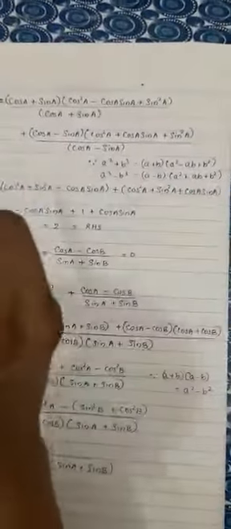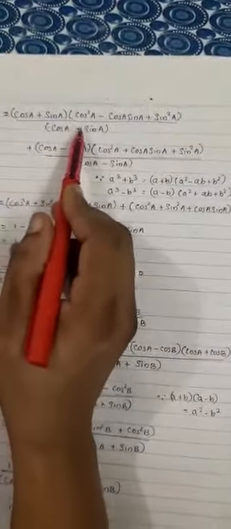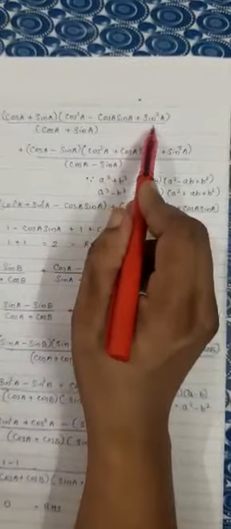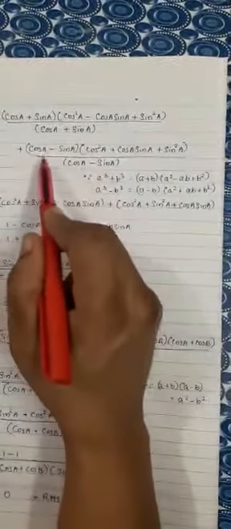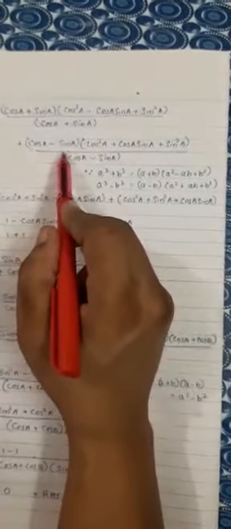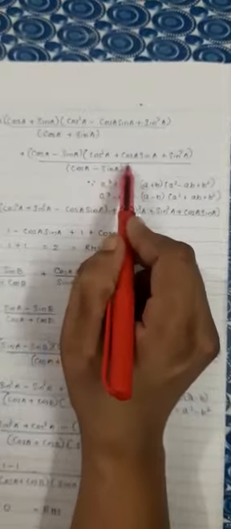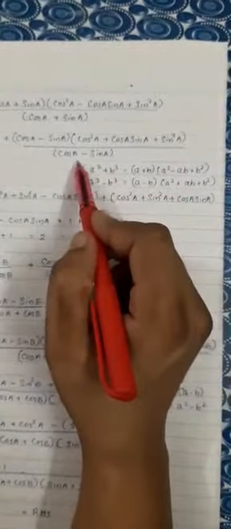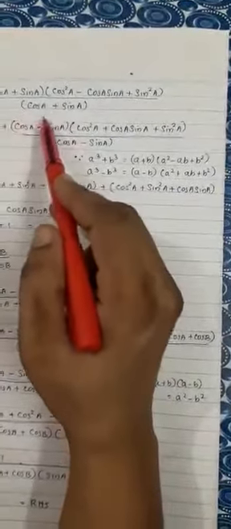So this becomes cos A plus sin A into cos square A minus cos A sin A plus sin square A divided by cos A plus sin A, plus cos A minus sin A into cos square A plus cos A sin A plus sin square A divided by cos A minus sin A. Here cos A plus sin A cancel.